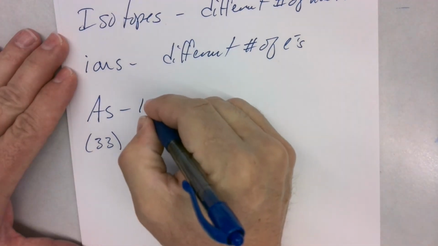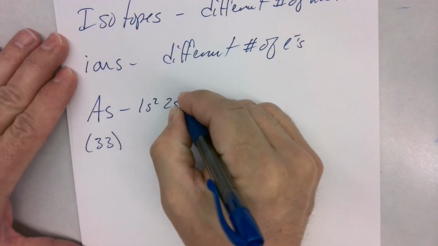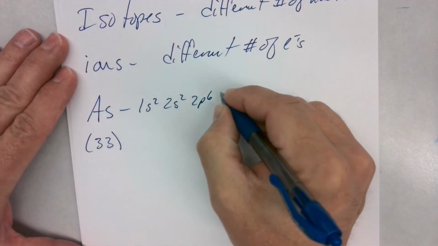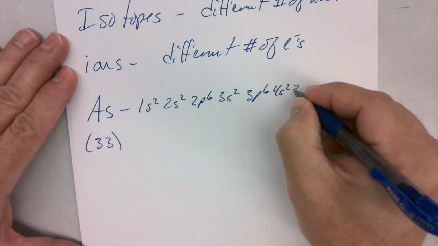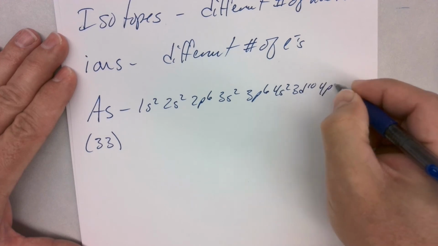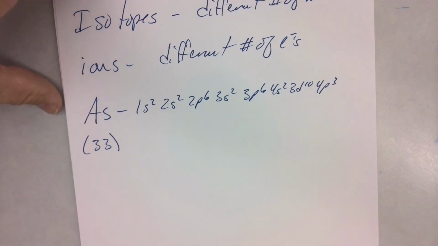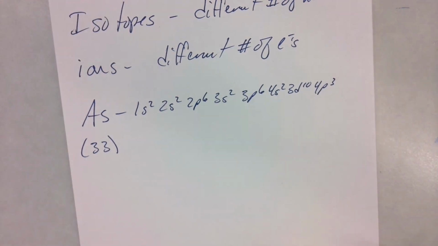Okay, 1s2, 2s2, 2p6, 3s2, 3p6, 4s2, 3d10, 4p3. Alrighty, now, is she right? Yep. Okay, there's 2 or 3 questions just like that on the test. Okay, now, to answer Shu's question is this.